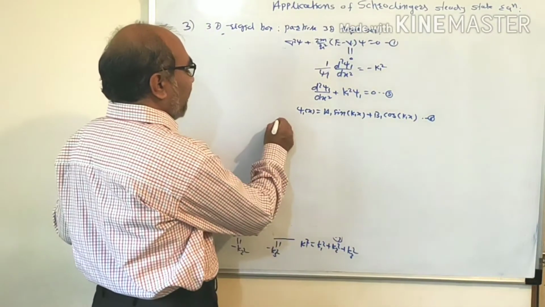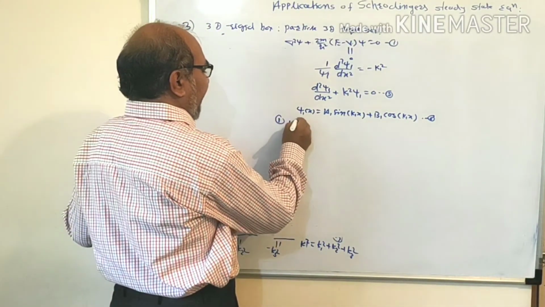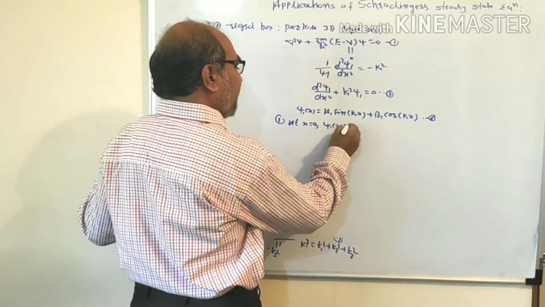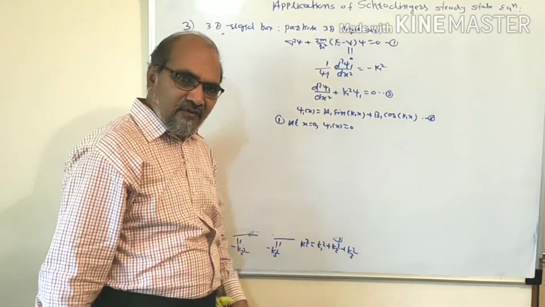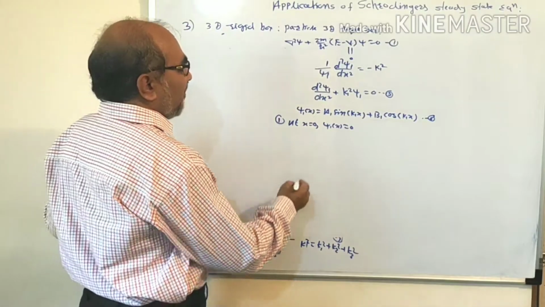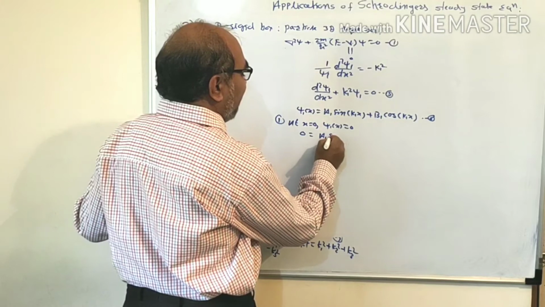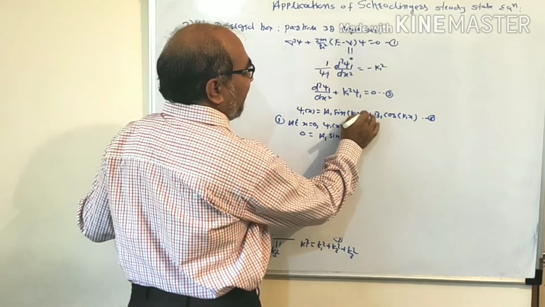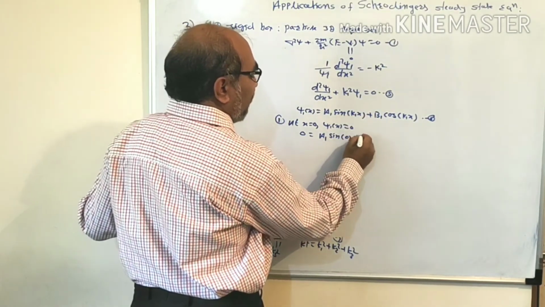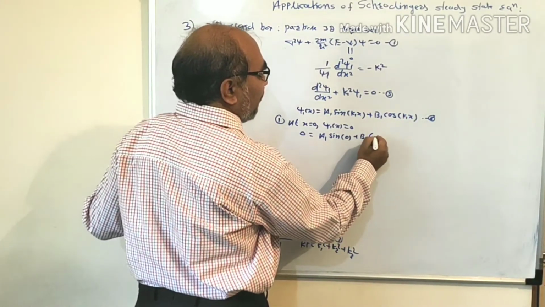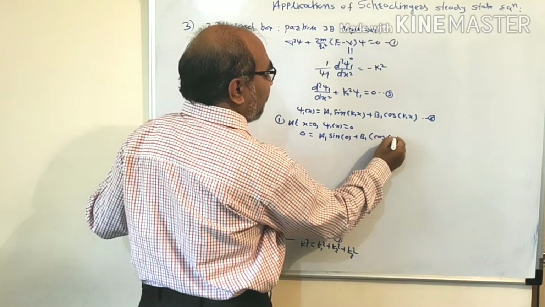The first boundary condition: at x equal to 0, psi 1 of x is equal to 0. So 0 equals a1 sin 0 plus b1 cos 0.